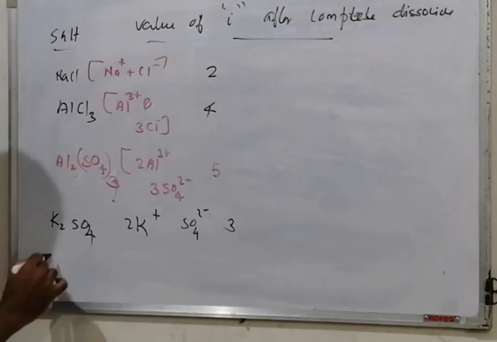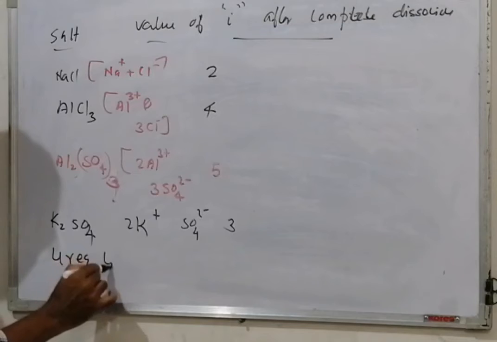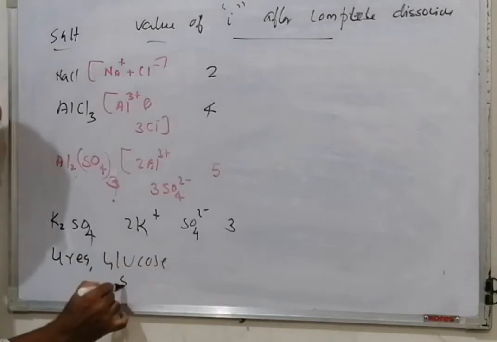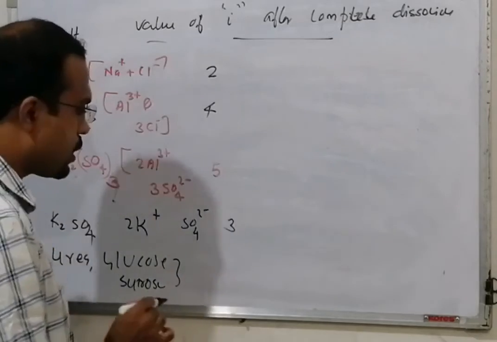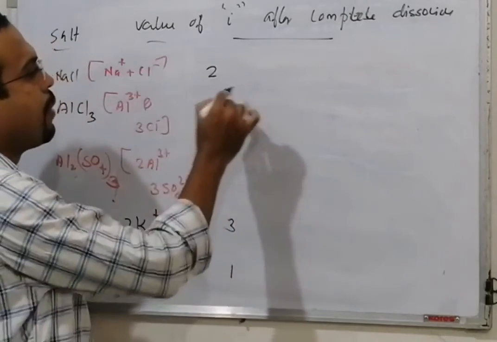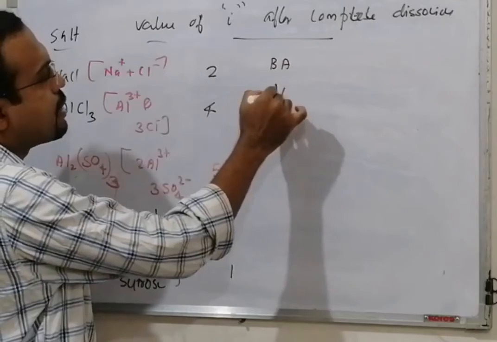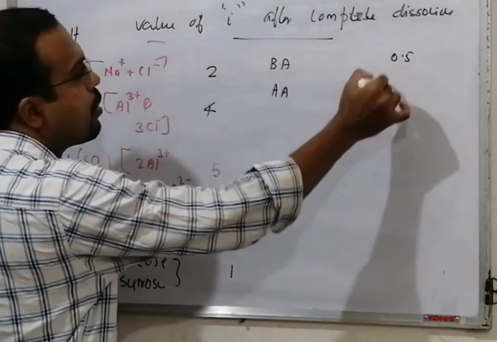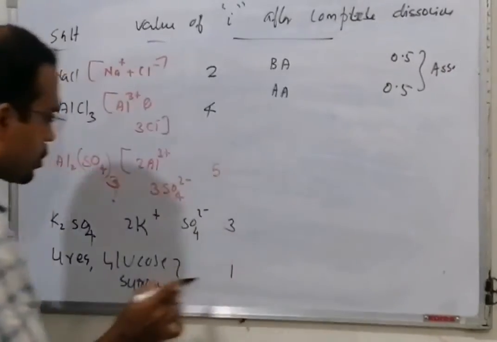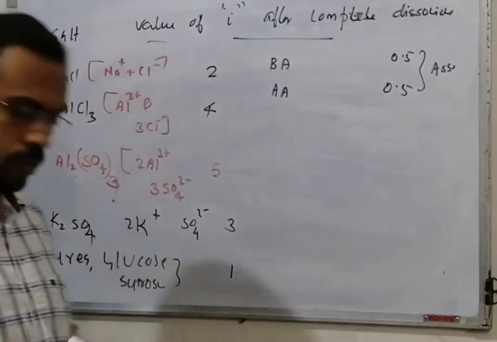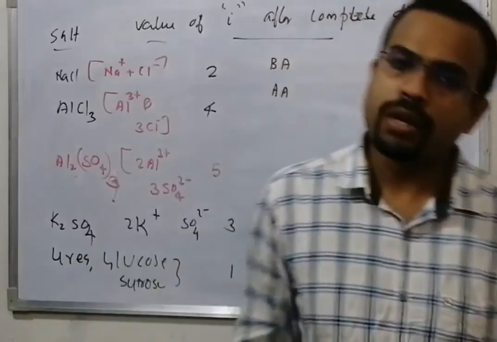Now, my dear student, in the case of urea, glucose, sucrose, there is no association or dissociation, therefore it is 1. Benzoic acid and acetic acid are association, therefore 0.5. In this case, there is no association or dissociation, therefore 1. That is, actual and observed are the same.